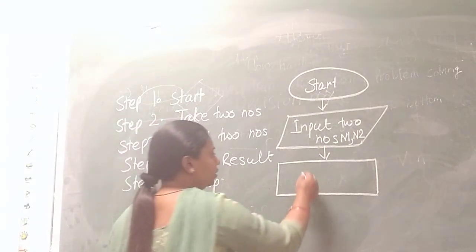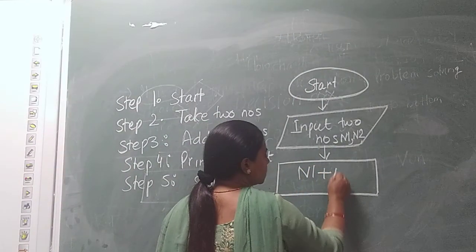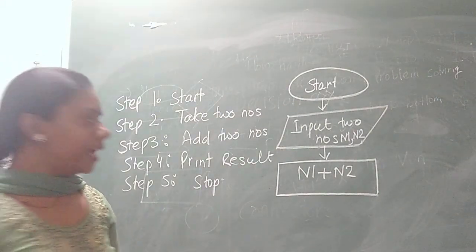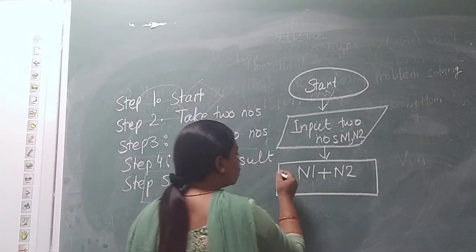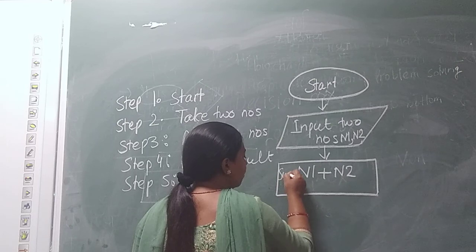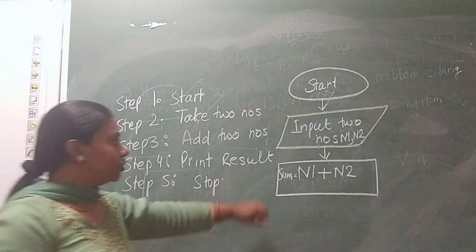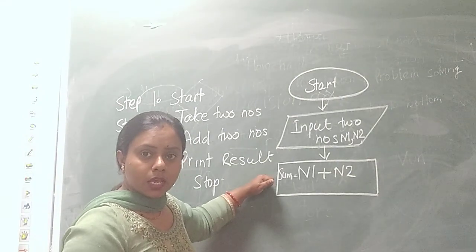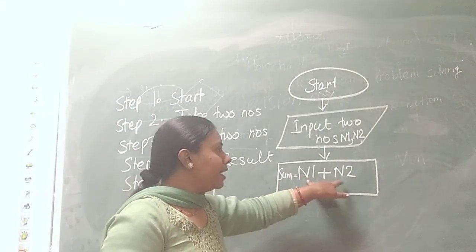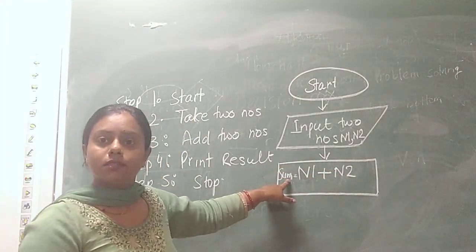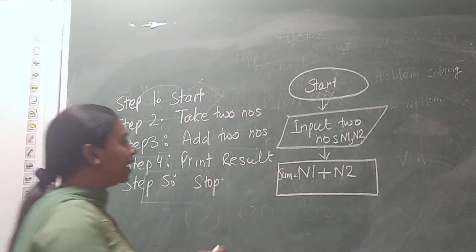So n1 plus n2, and the result is stored in some variable, that is sum. This is your processing box which will add n1 and n2, and the result is stored in the variable sum. After that, print result.